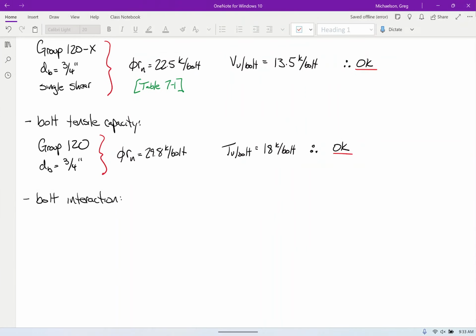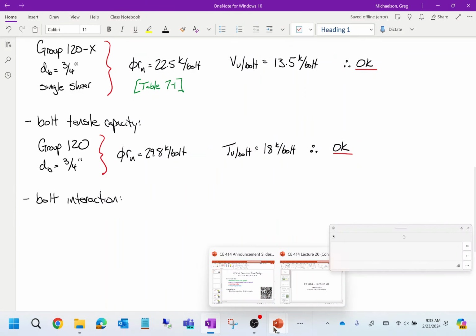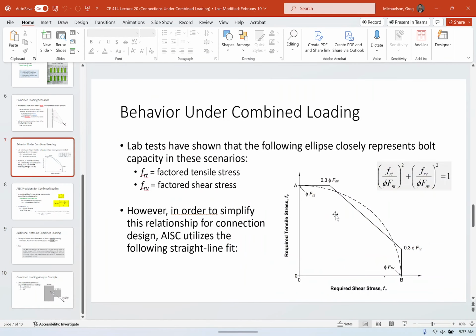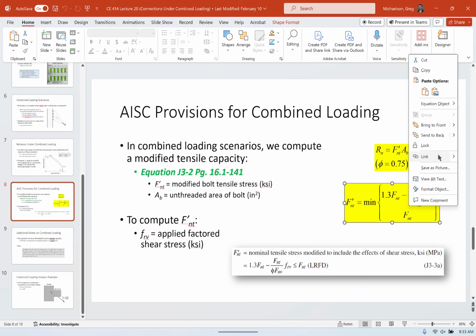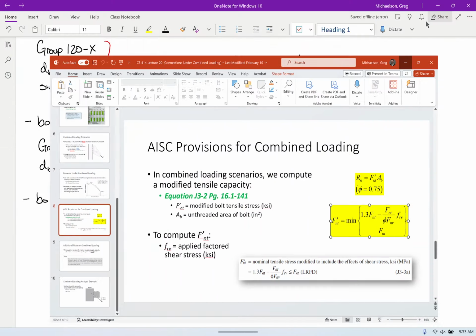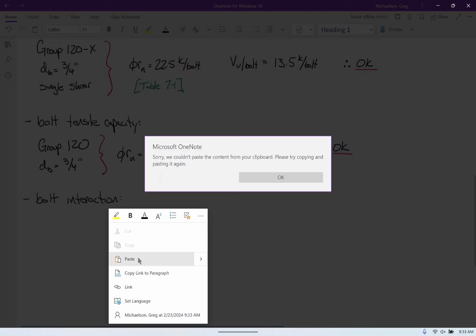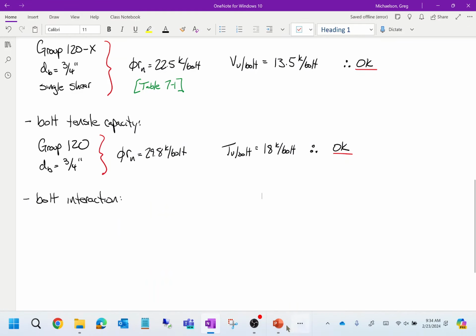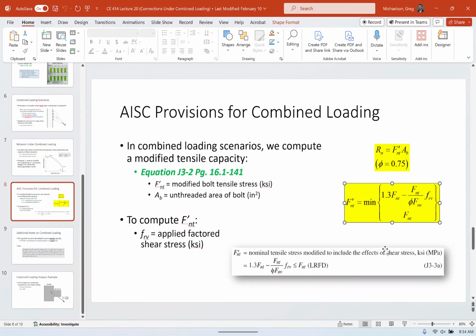Okay, so for bolt interaction, let's go back to here. It doesn't like me when I do that. Okay, so here's the expression that we're using.